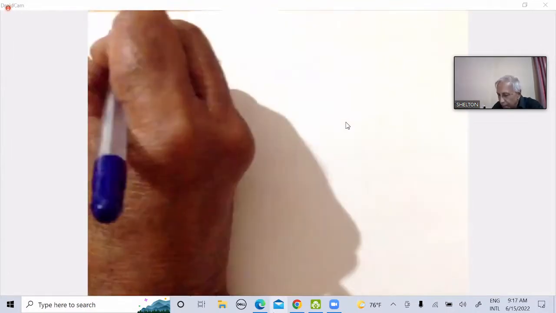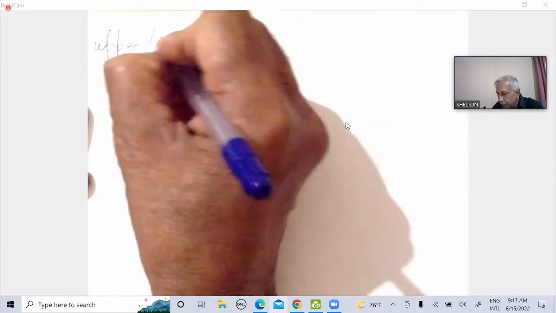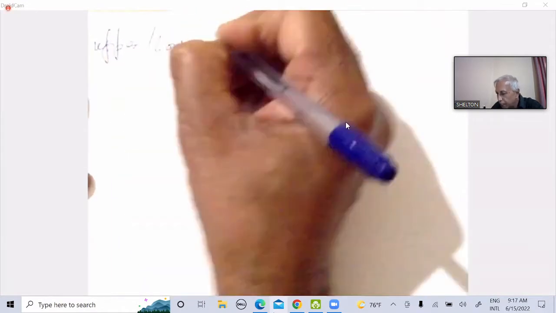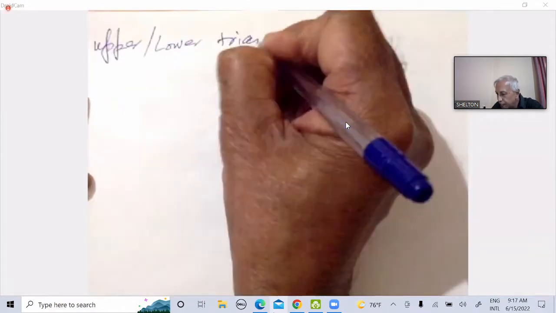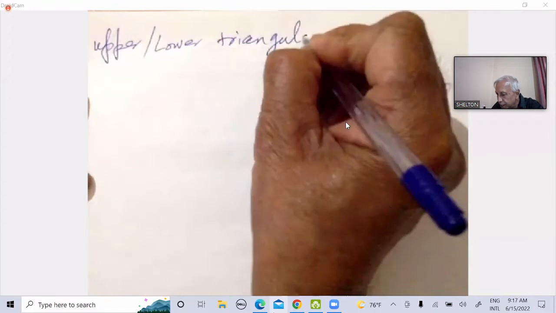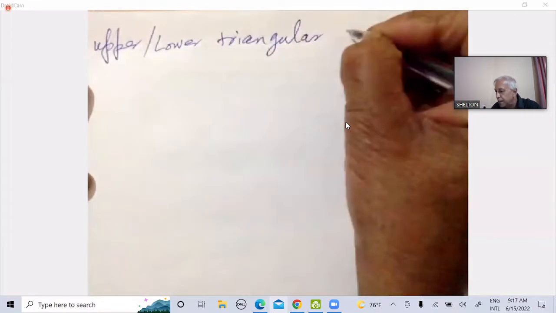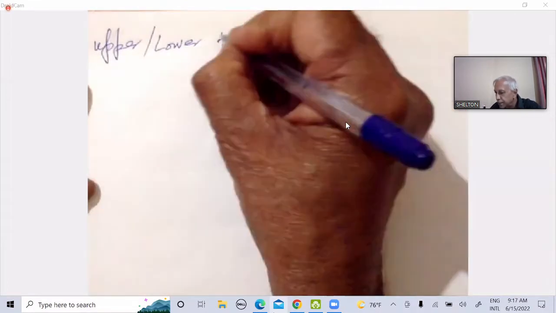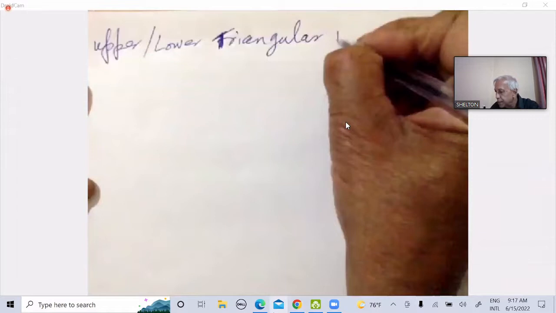Upper triangular. So let us start with upper, lower triangular matrices.